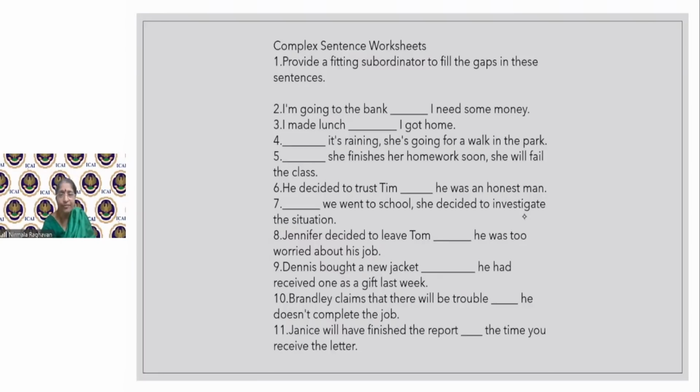Jennifer decided to leave Tom because he was too worried about his job. Dennis bought a new jacket which he had received as a gift last week. Bradley claims that there will be trouble if he doesn't complete the job.